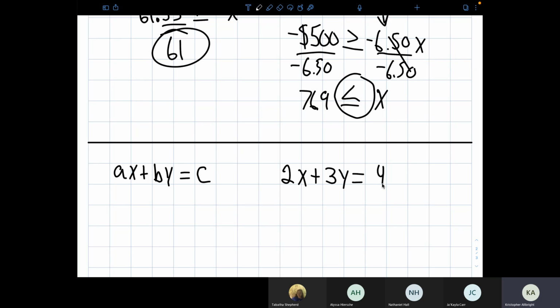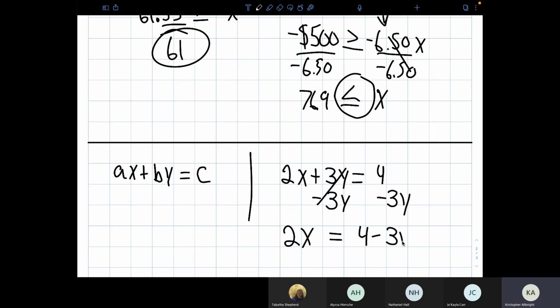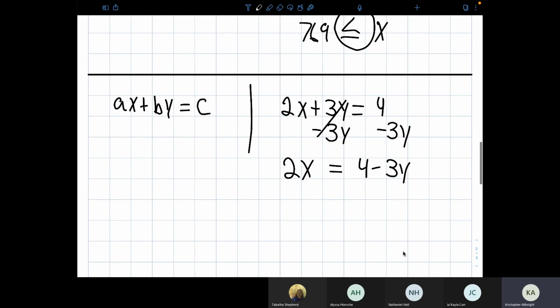So for this one on the right, we subtract our 3y over, and we can't subtract 3y from 4 because one of them has a y and one of them doesn't. So what we have to do is just write it over there by itself. 4 minus 3y. We just leave it exactly like it is. And then we divide by 2 to get our x by itself because it is multiplied, so we're canceling out multiplication by dividing.